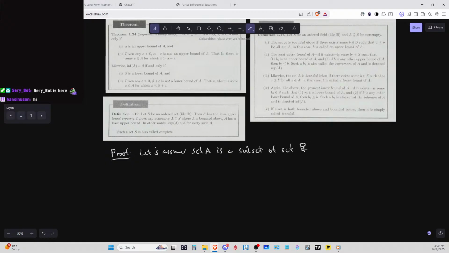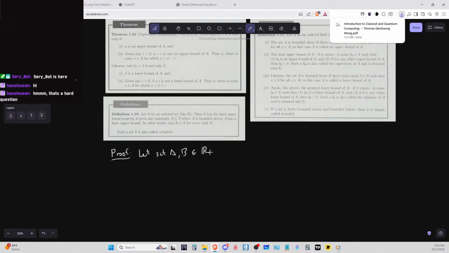Set B. Well, actually, maybe first we should say what they are. So, first off, let A and B be an element of, well, actually, would they be an element or would they be a subset?